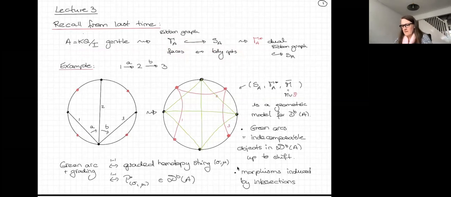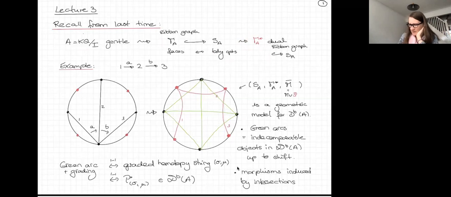Once we have that, we also saw that the gentle algebra gives us a way to glue the vertices of that ribbon graph onto the boundary. And once we have the ribbon graph embedded in the surface in this way, we can construct a dual graph of that ribbon graph. And this dual graph, in some sense, encodes the projective indecomposables of the algebra.